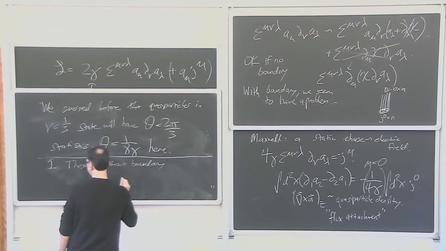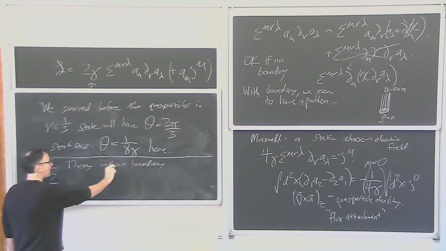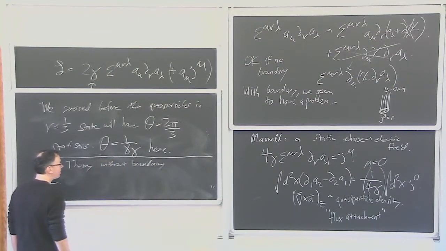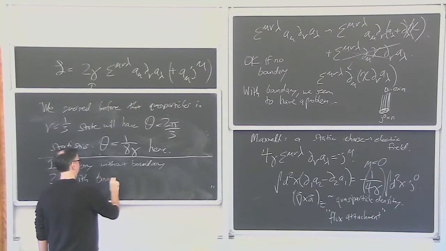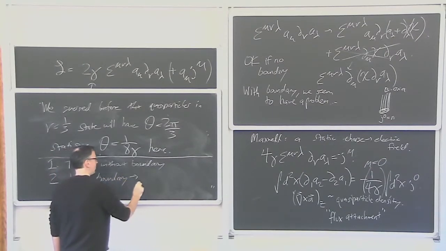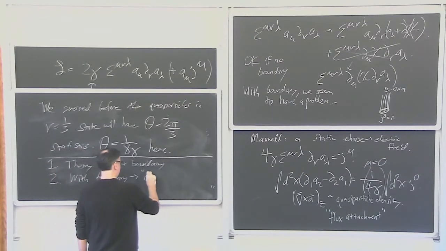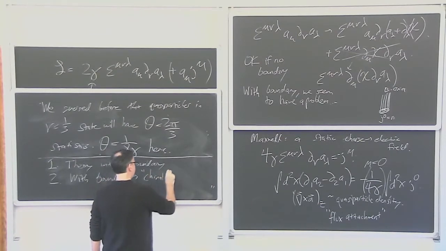And this is an example of how even though a theory might have zero energy, it can still have some interesting information. And with boundary, I will sketch how that leads to the chiral Luttinger liquid at edges.